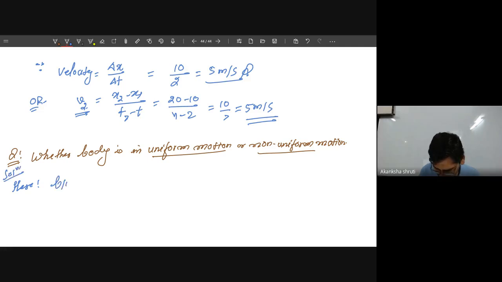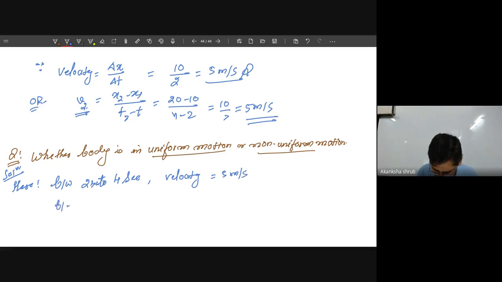Between 2 to 4 seconds, what was the speed or the velocity? It was 5 meters per second.